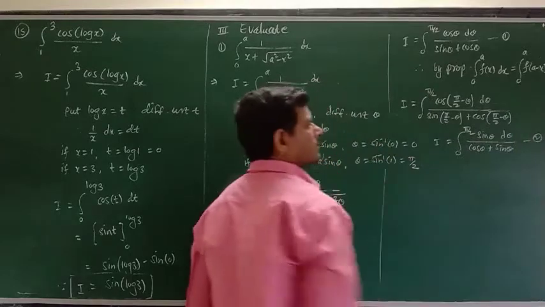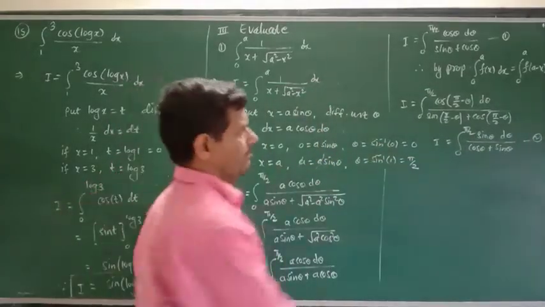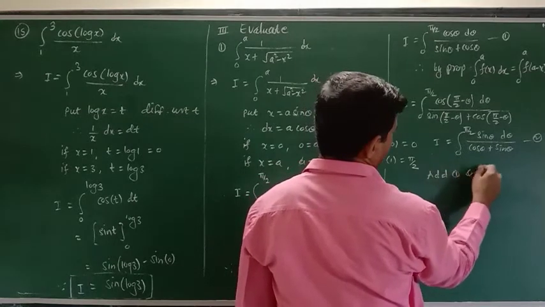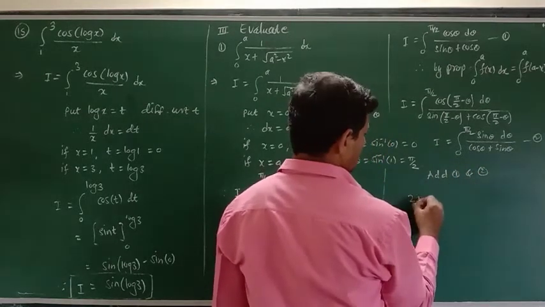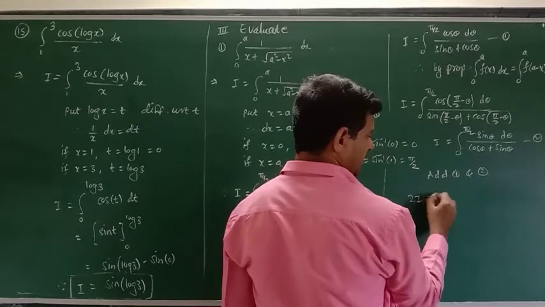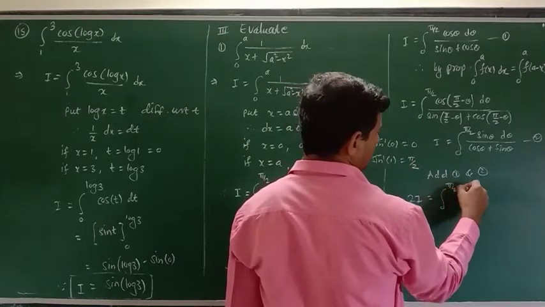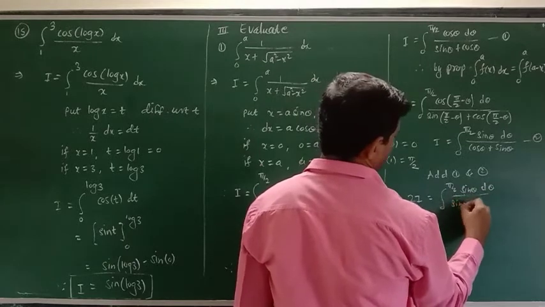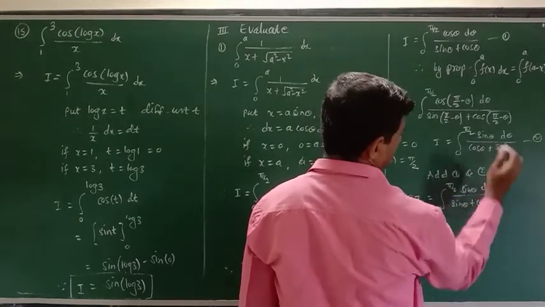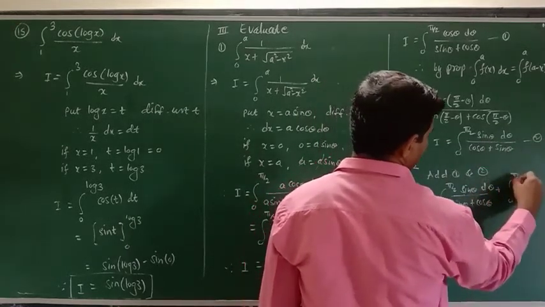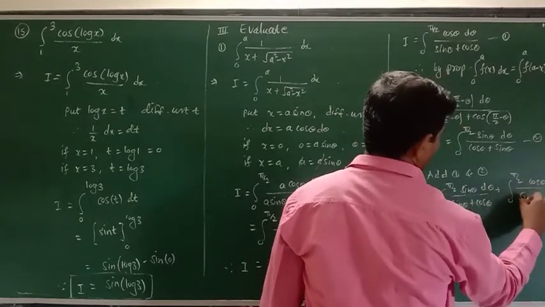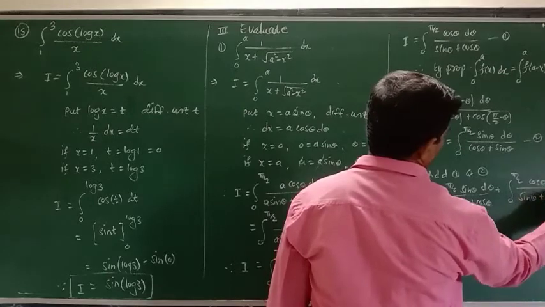I write this as equation number 1 and this as the second equation. Now add equations 1 and 2. So 2I on the left side is equal to the integral from 0 to pi by 2 of sin theta d theta upon sin theta plus cos theta, plus the integral from 0 to pi by 2 of cos theta d theta upon sin theta plus cos theta.